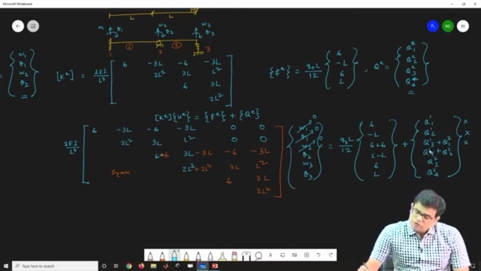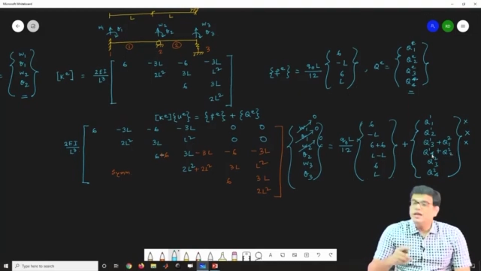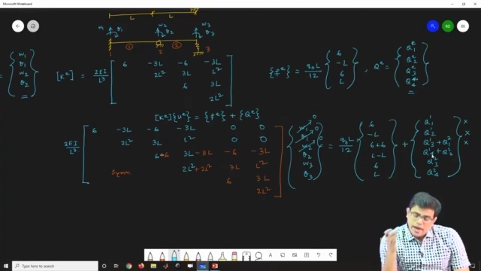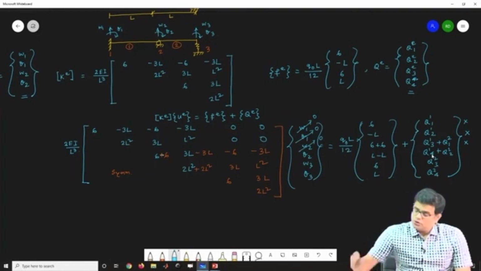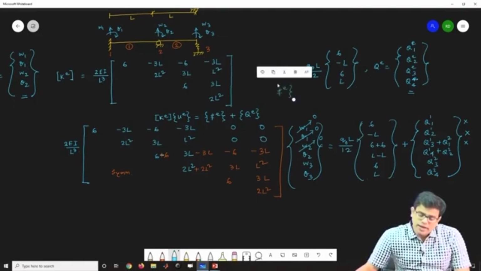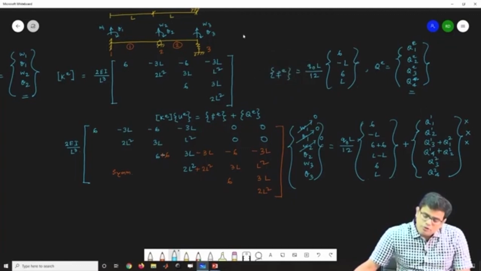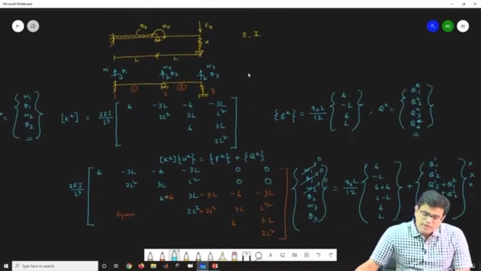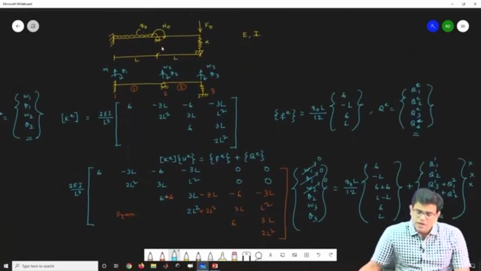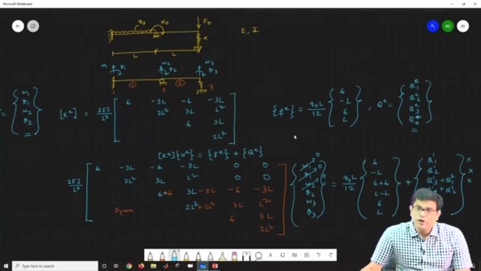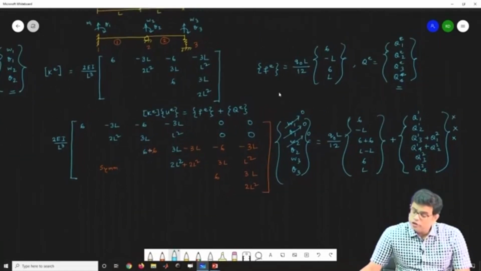And then Q1 4 and Q2 2, that is not restrained against rotation. So rotation can happen. So there is an applied moment there. If you look at the problem, there is an applied moment at the roller point, or the end point of element 2, and the end point of element 1.